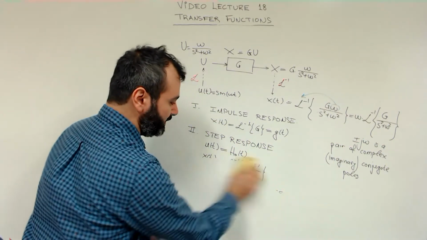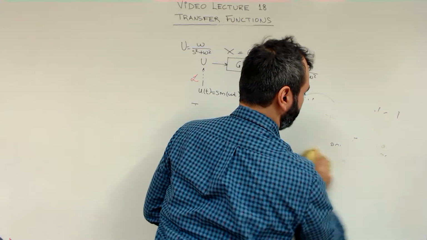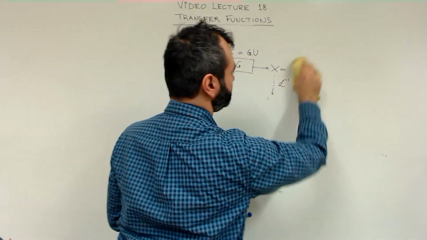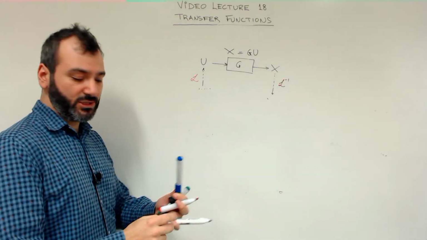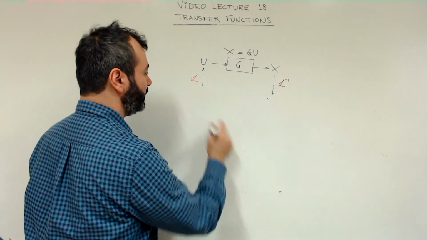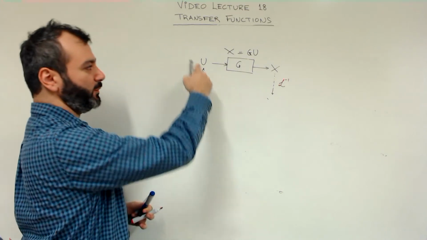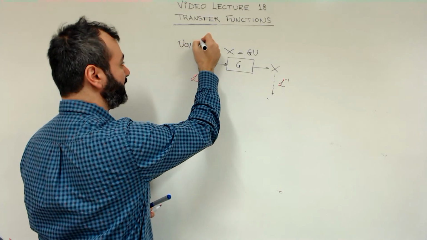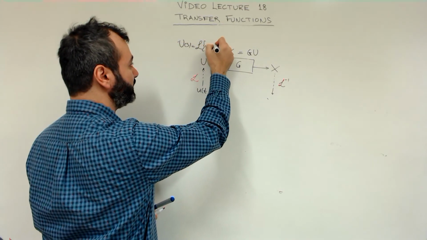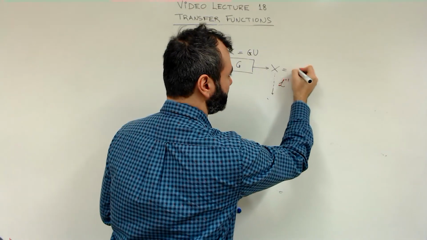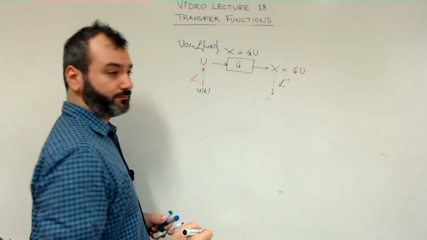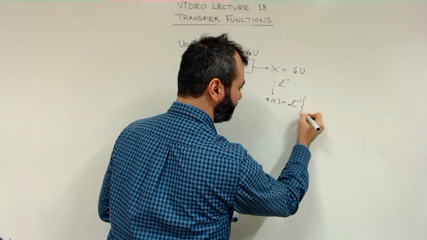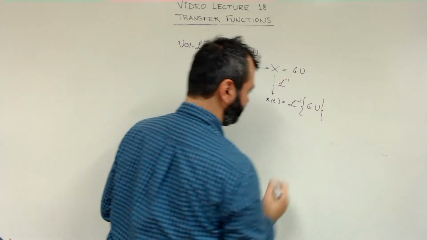But in general, look now what happens. When we have an input u of t, we obtain the input in the S domain, so u of s is the Laplace transform of u of t. Then the output of the system is g times u, and x of t is the inverse Laplace transform of g times u.